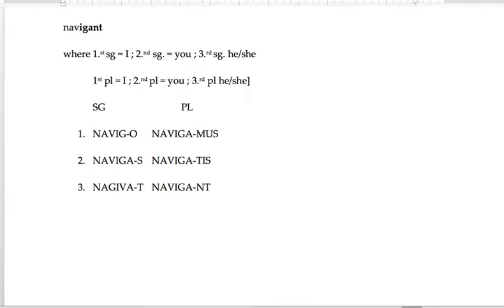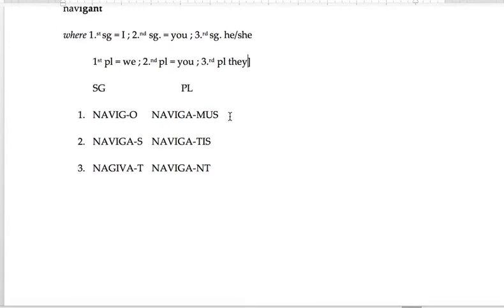Let's say first person singular equals I. Second person singular equals you. Third person singular equals he or she. First person plural equals we. Second person plural equals you. Third person plural equals they.